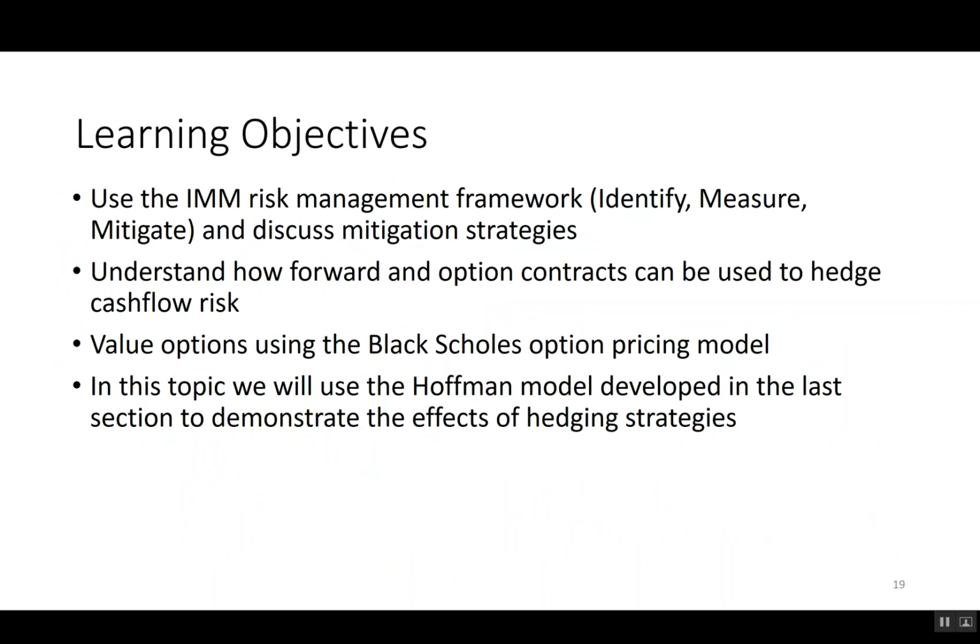So in this topic, we talked about the IMM risk management framework. We also talked about how to, we figured out how to use forward and option contracts to hedge a risk and how to model them. We talked briefly about valuing options using the Black-Scholes option pricing model. And we did this whole exercise in the context of Hoffman's gold mine.